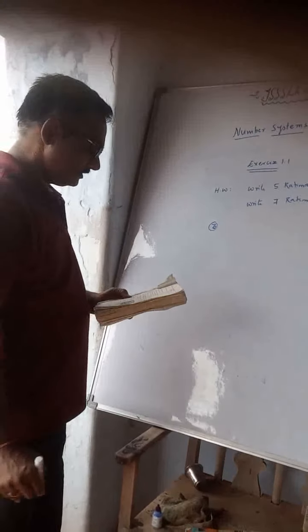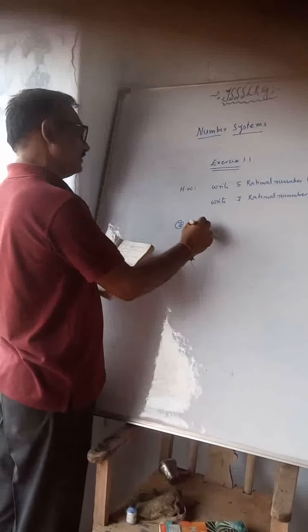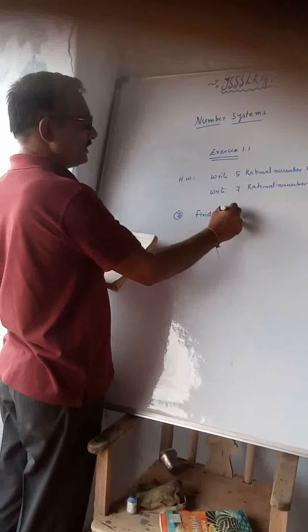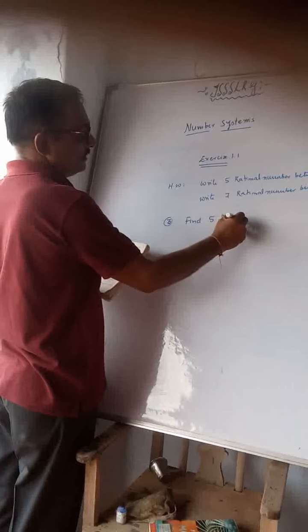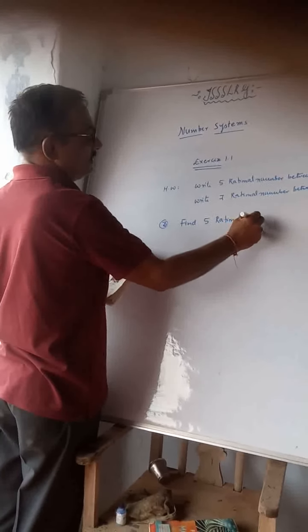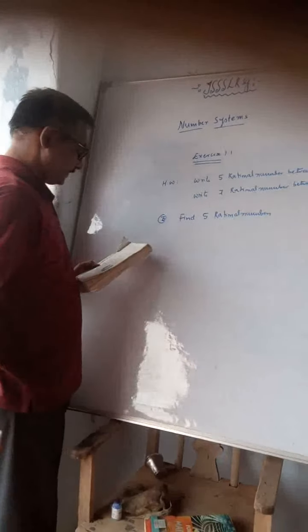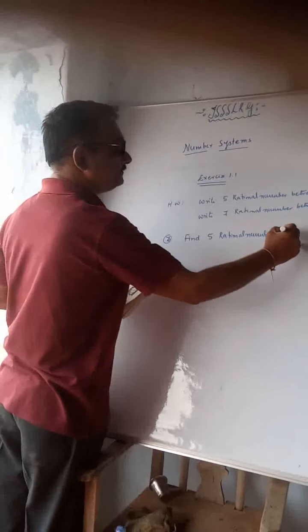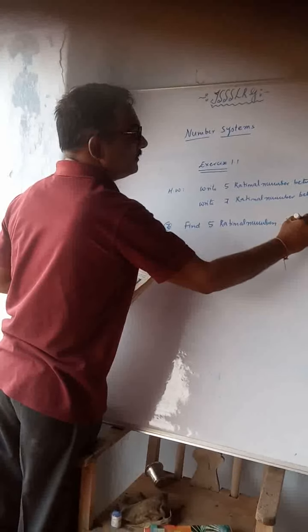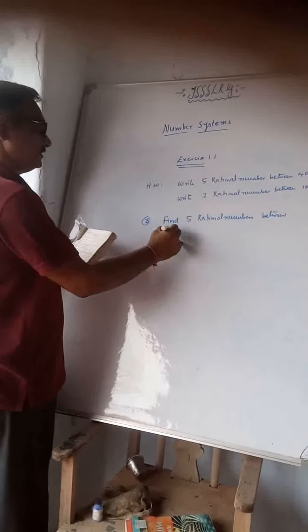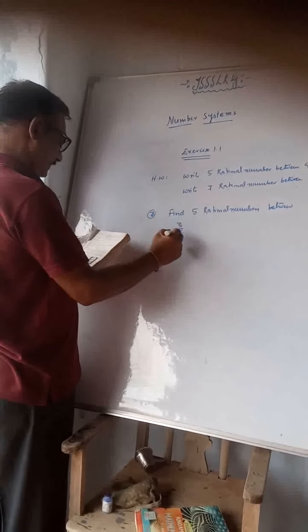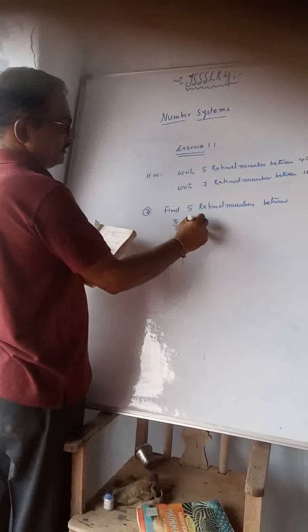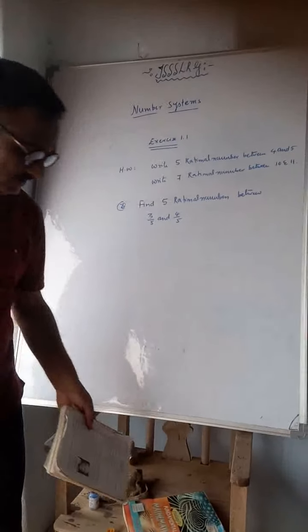Find 5 rational numbers between 3 by 5 and 4 by 5. Here 5 rational numbers are asked.